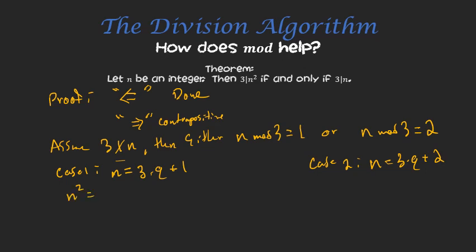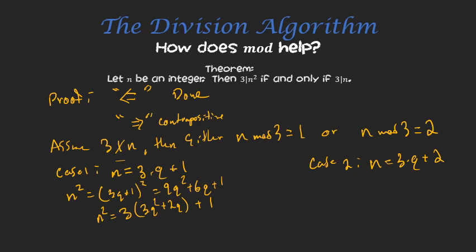So n squared then would be (3q plus 1) squared, in which case I get 9q squared plus 6q plus 1. And I want to figure out what that is mod 3. So notice we have n squared equals, I can pull a 3 out of a lot of this, 3 times (3q squared plus 2q), but I'll have a remainder of 1.